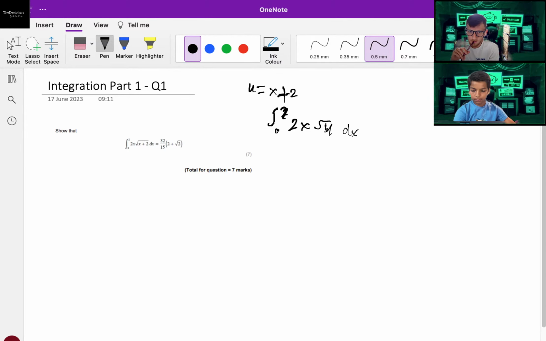So then it would be 2, so then that is the integral from 0 to 2 of 2 times u minus 2 root u dx.